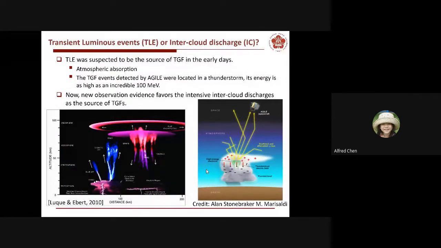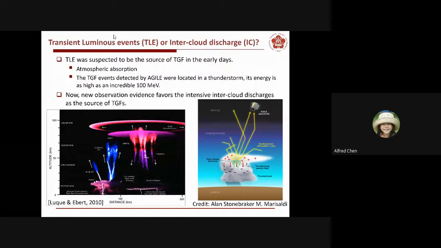And in the coming studies, because one possibility is that this high energy photon was generated above the thunderstorm, the transient luminous events, including sprites, jets, and the ELF, were suspected to be the source of TGF in the early days. But this kind of suspicion was soon eliminated because of atmospheric absorption.